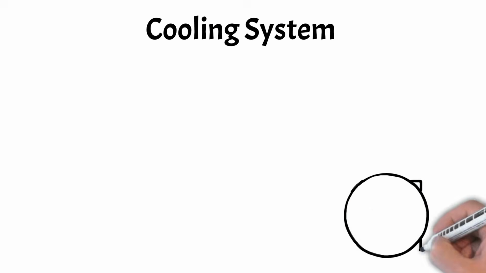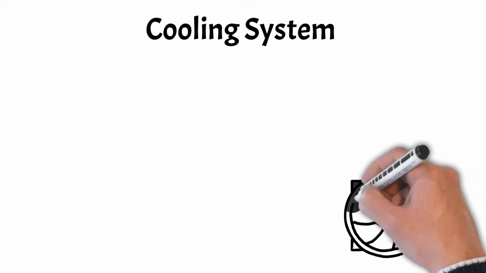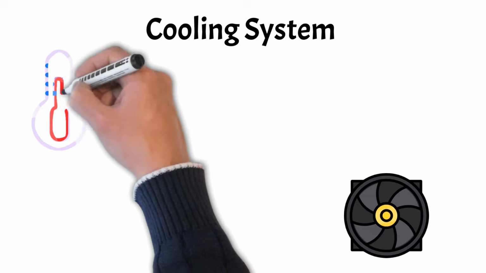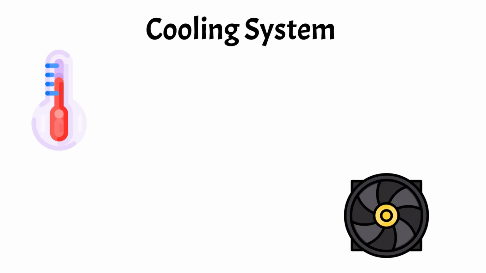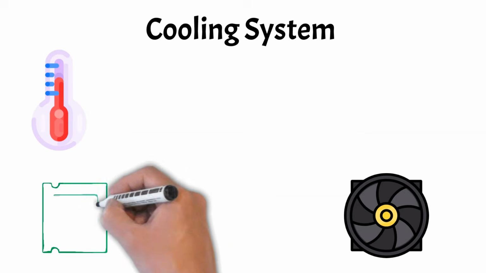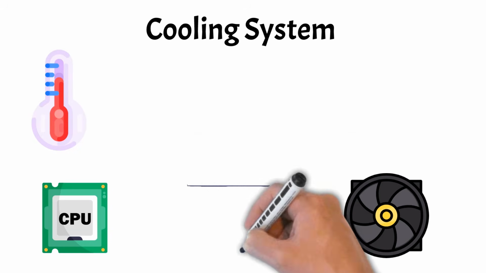The cooling system in a computer is essential for maintaining optimal operating temperatures and preventing overheating of critical components. It includes various elements like fans, heat sinks, and sometimes liquid cooling solutions, all designed to dissipate heat generated by the CPU, GPU, and other hardware.